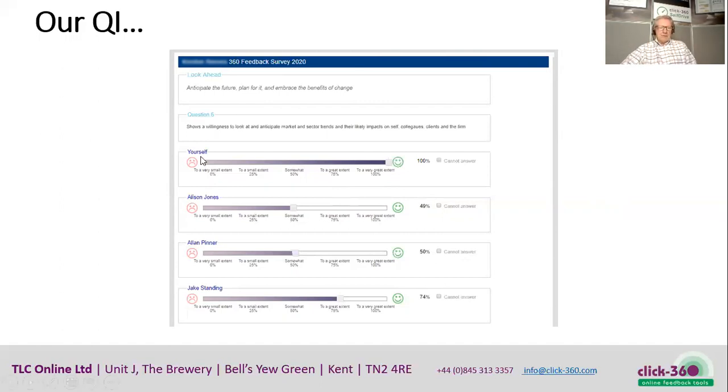So what you're seeing here is that all of the people that, in my case, I've been asked to rate, they're all on the one page. And that combined with the sliding scale saves raters a significant amount of time while improving accuracy, because you can think in relative terms between these people, not just absolute terms about each one. So there's a big advantage if that's likely to happen.